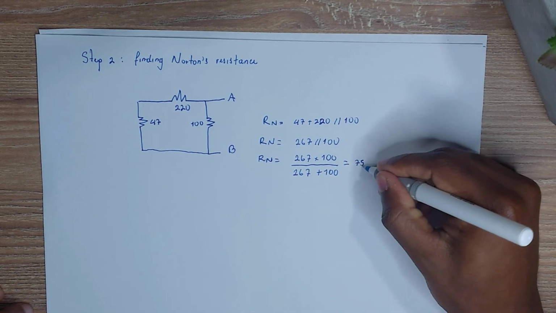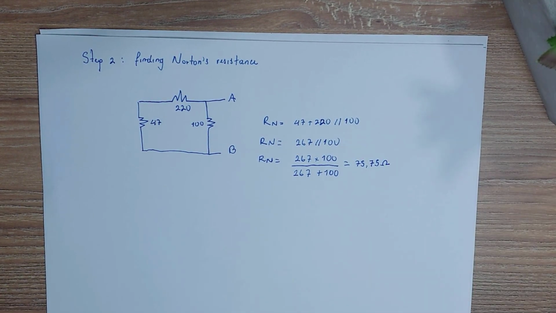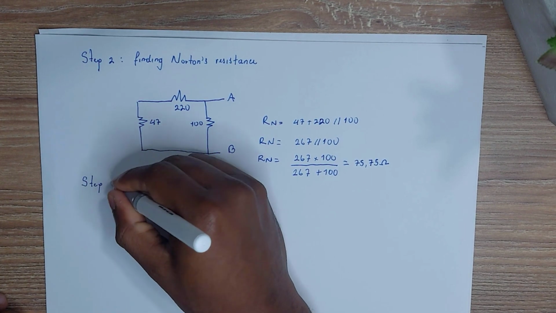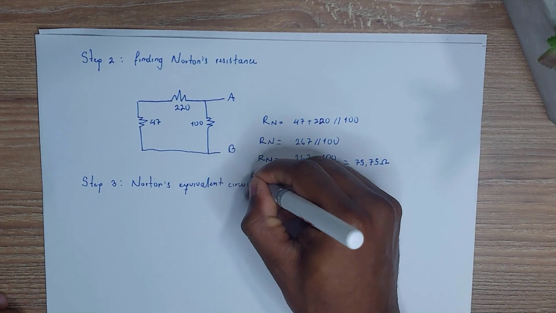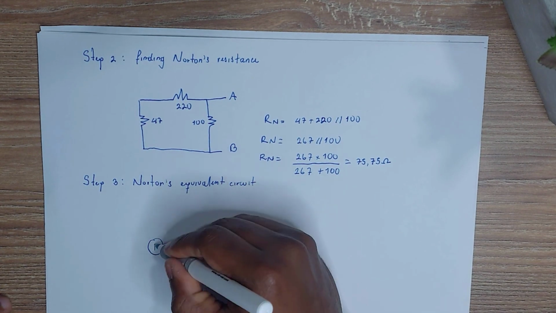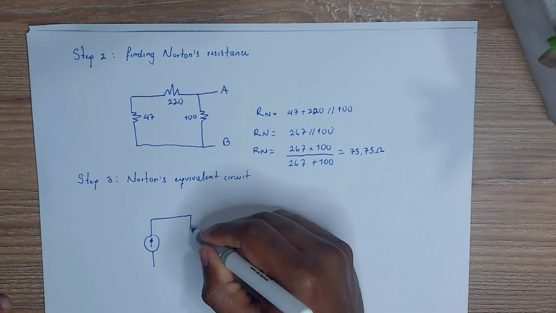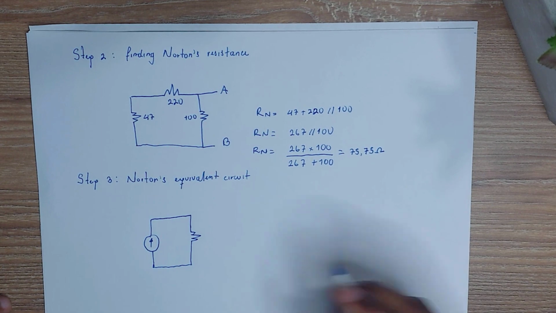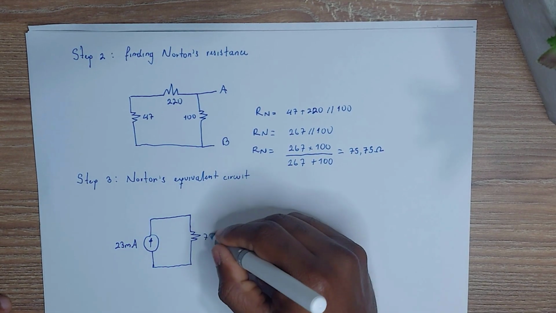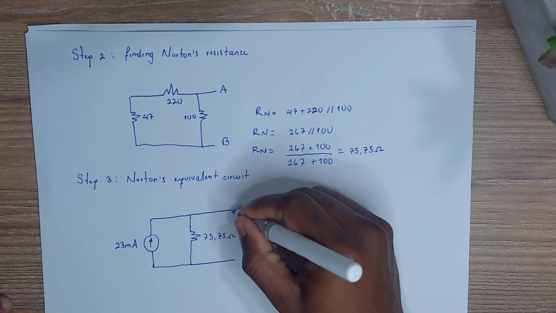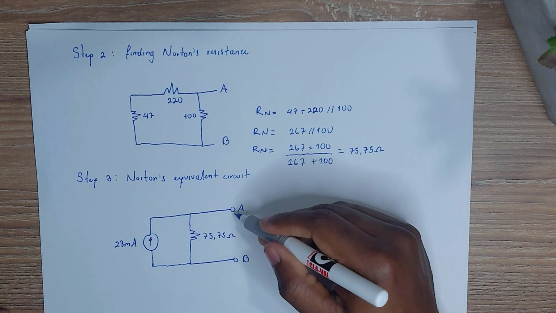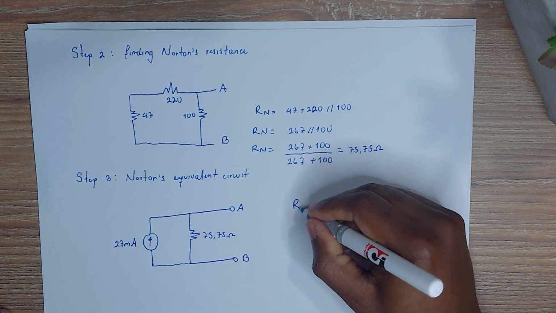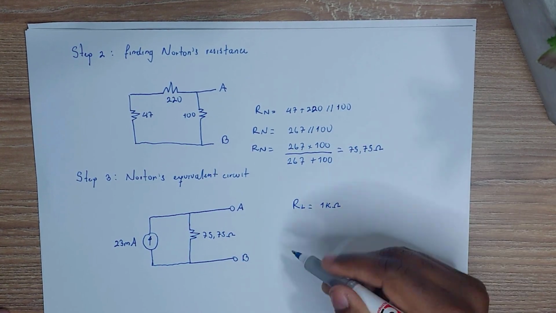So step 3, now that we have all of Norton's values, let's try out the equivalent circuit. We have our current source of 23 milliamps, and our parallel resistor of 75.75 ohms. This way we can just connect our load resistor of 1k ohms and perform any calculation in a very simple way. So we're going to find the voltage across this resistor.